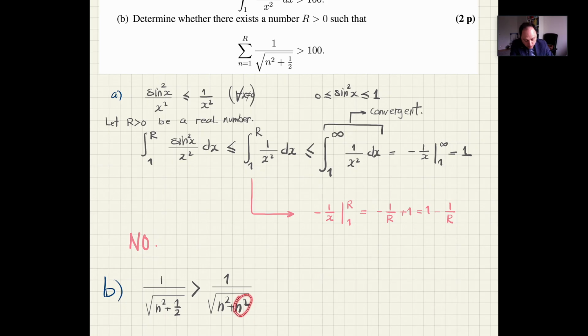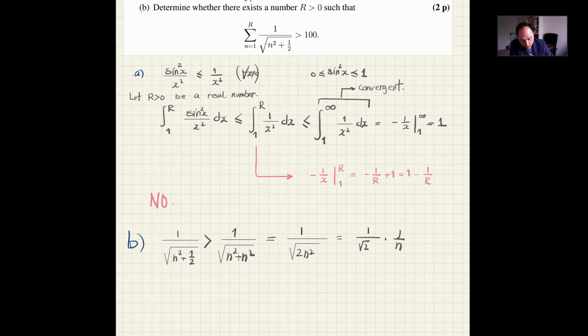So when I raise it to power 2, n squared is a number greater than or equal to 1, and of course 1 is also greater than 1/2. So what I have written here is completely okay. But what is the benefit of that? The benefit is that you can write it as square root of 2n squared, and then it becomes 1 over square root of 2 times 1 over n.